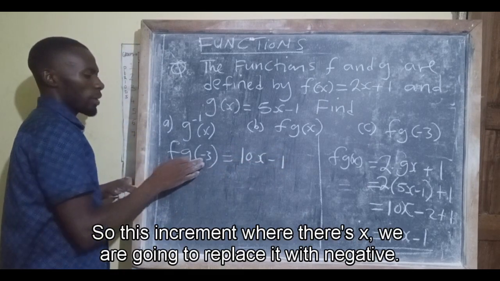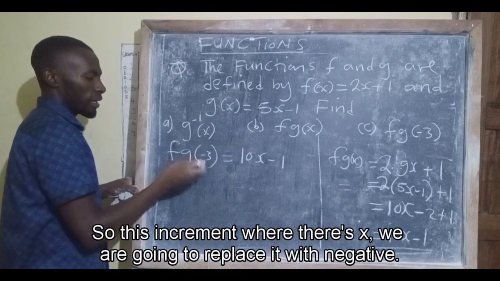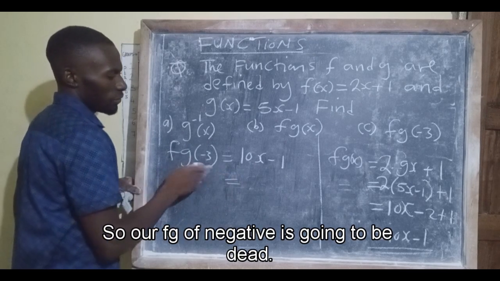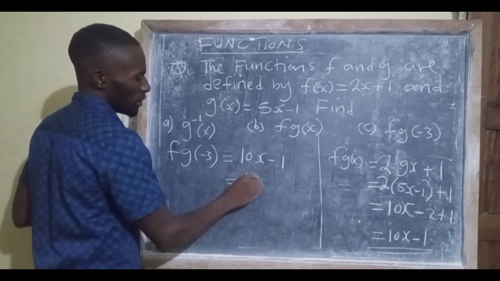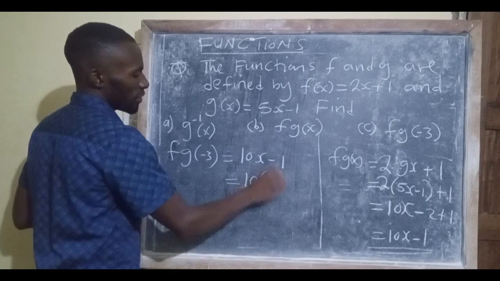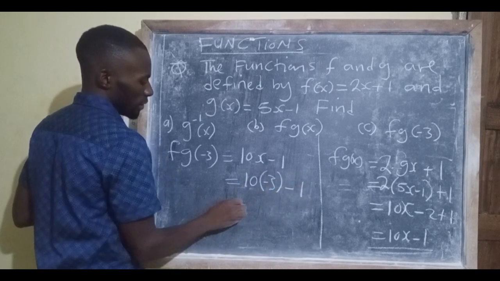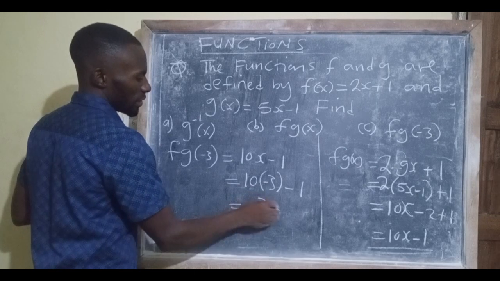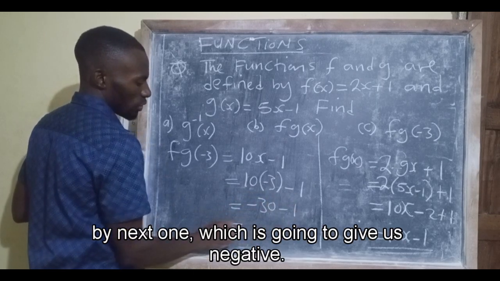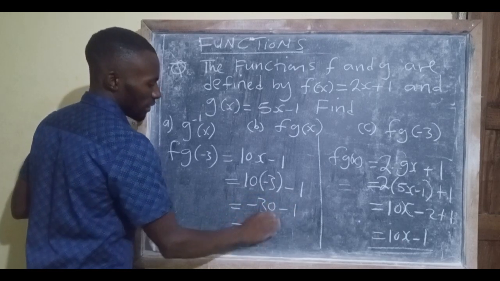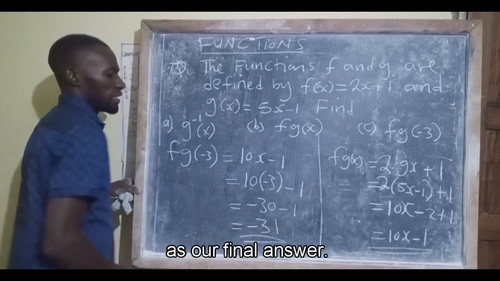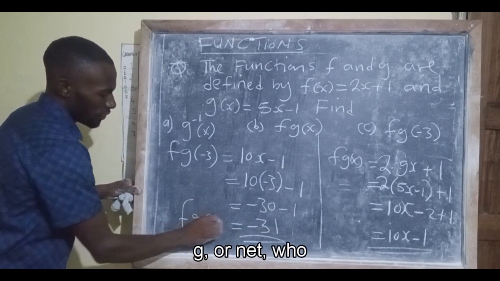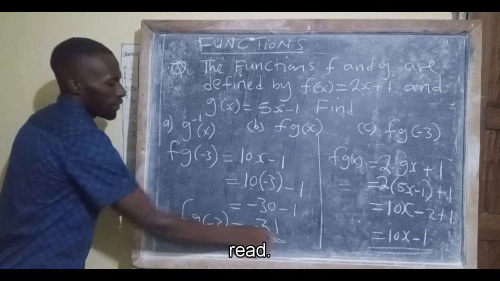So where there's x, we are going to replace it with negative 3. So our f g of negative 3 is going to be 10, open brackets, negative 3, minus 1. So we are going to have negative 30 minus 1, which is going to give us negative 31 as our final answer of f g of negative 3.